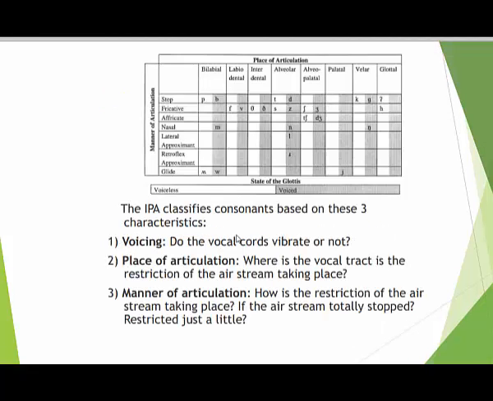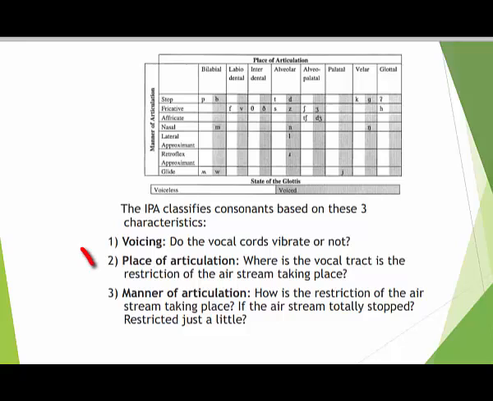So for our purposes, we don't have to look at the full-blown IPA chart. Instead, we'll look at the IPA chart with just the English consonants. The IPA organizes sounds based on just three characteristics. One is called voicing, and that's basically whether the vocal cords are vibrating or not.